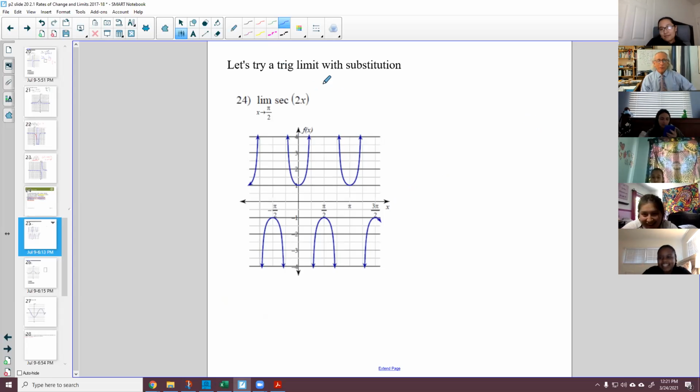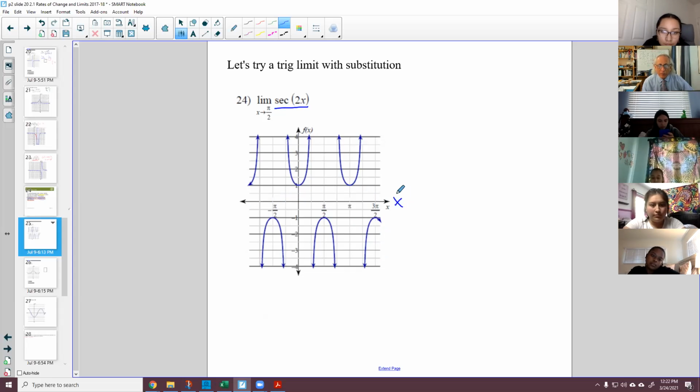All right. So I have to find the limit as x approaches pi over 2 for the function secant 2x. Well, now they were very kind to make me a graph of the function secant 2x. So I'm going to look over here. This is my x-axis.